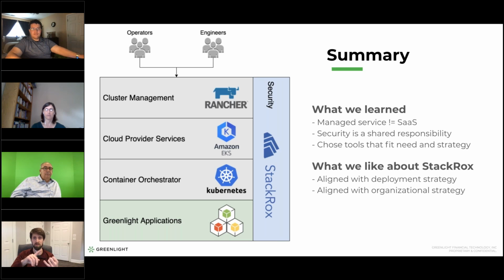We try to do that, and so the points that we made at the bottom were not just made as slide deck points. They were realistic, that when we chose partners and we chose tools, those tools had to fit in how we were thinking about the world, had to fit into how we were thinking about shared responsibility in our team, not just shared responsibility across cloud providers. So we needed it to deploy the way we wanted to deploy. We needed to align with our organizational strategy.